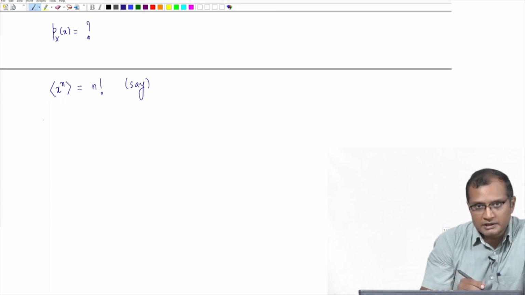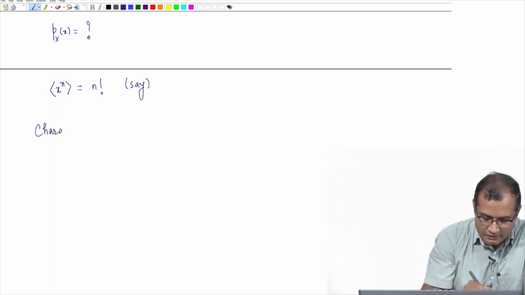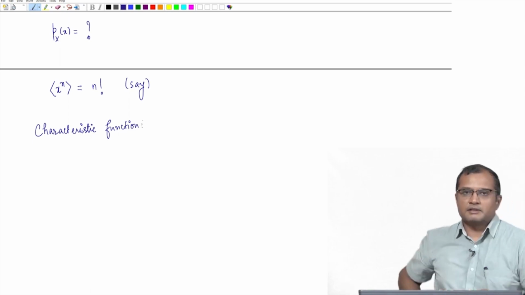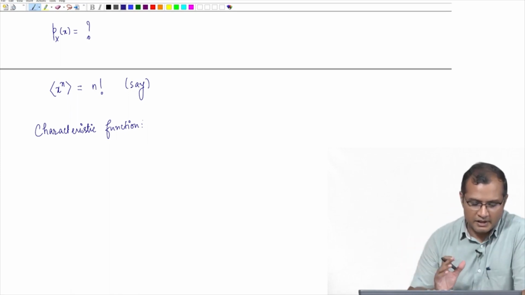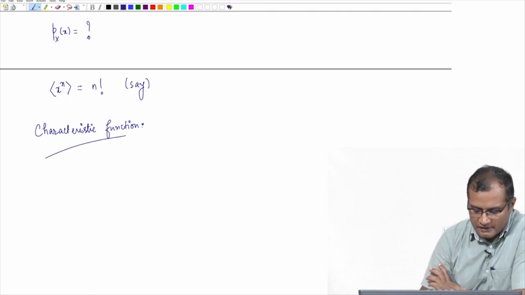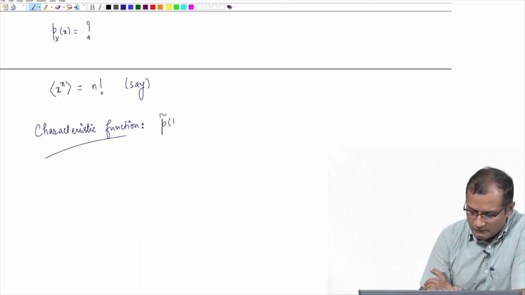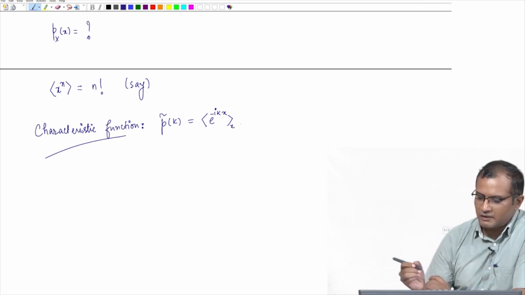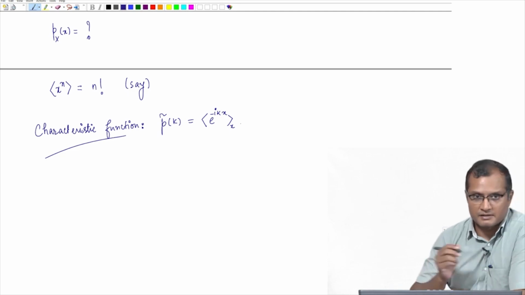I can start with the characteristic function, which is a very important feature. By now, you should know that this function has a very important place in probability theory, and so I am going to start with the characteristic function, which I know is basically the expectation value of the complex exponential, and here the angular braces are basically the averages in the x space.